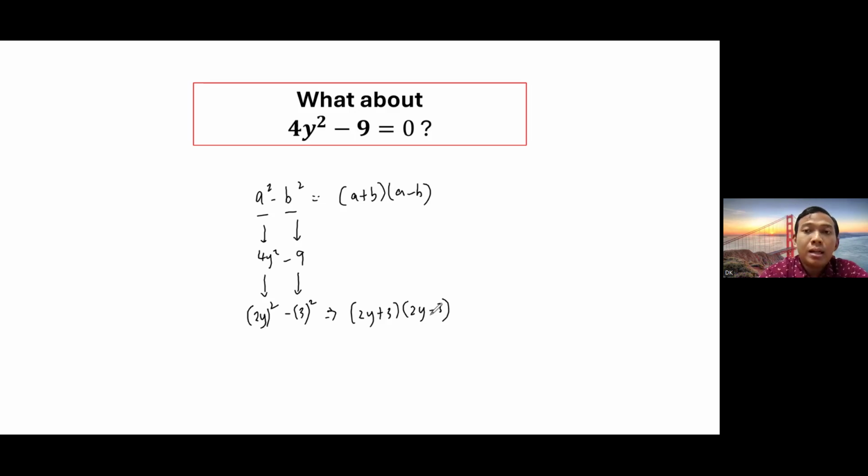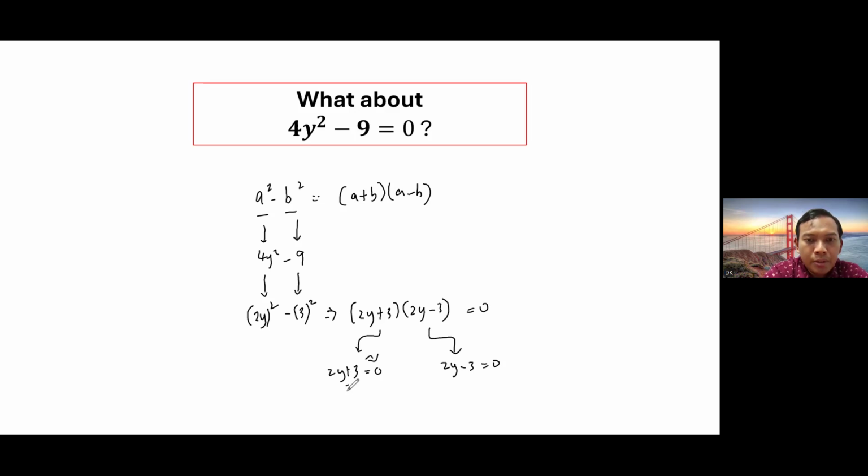Now this is how to factorize. How to solve it is also the same. So equate it equals to 0. So 2y plus 3 equals to 0, and 2y minus 3 equals to 0.